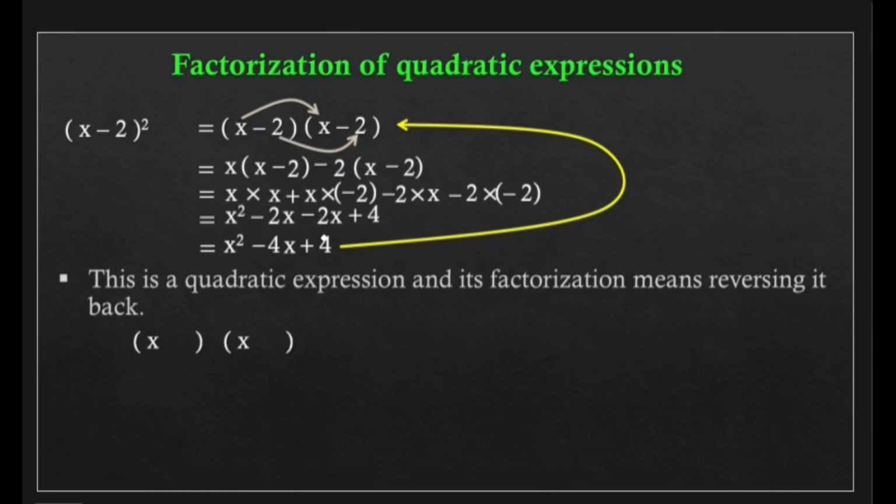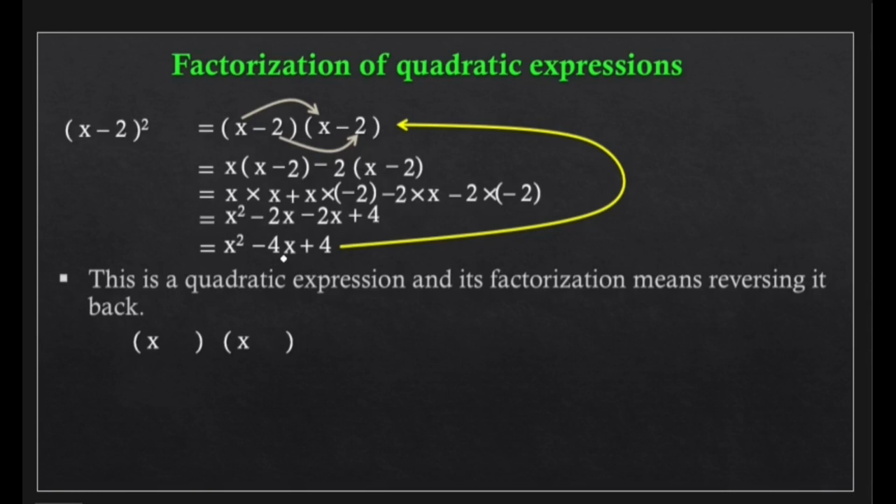what we should not forget is that what also got us here is adding this term with this term. So as we look for those numbers, we should bear in mind that when we multiply them, they give us positive 4, but if we add them, they give us the coefficient of x here, which is negative 4.